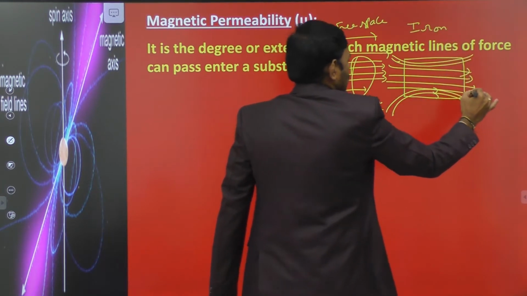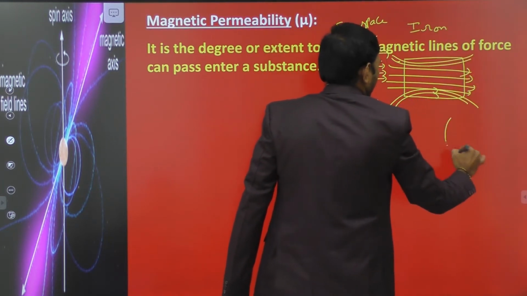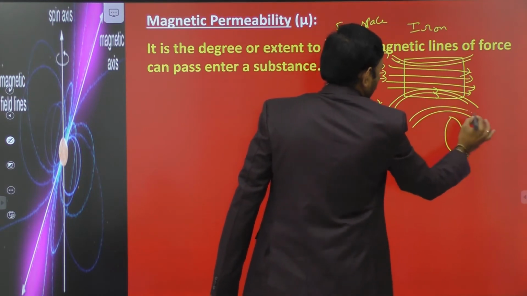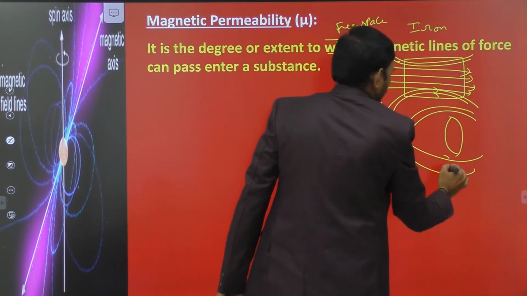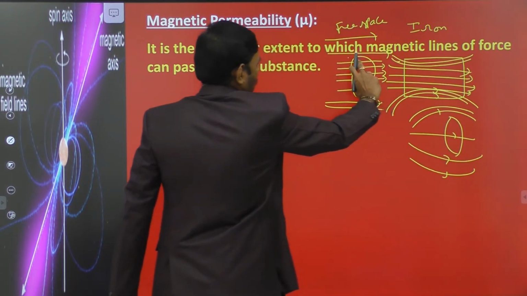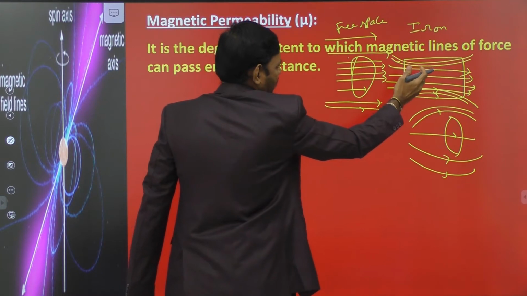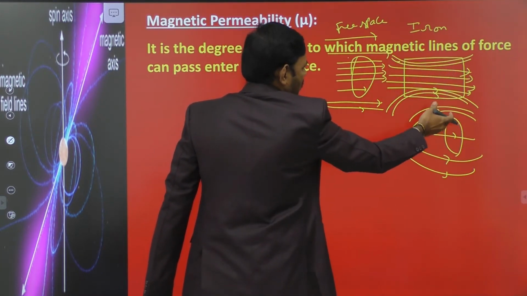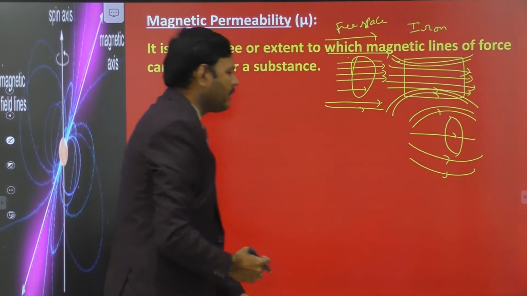If you put any other diamagnetic material, then some field lines may move outside. Very few lines may pass through it. So, the number of lines passing through: in the first case, some lines are there. In the second case, more lines pass through the medium. In the third case, very few lines pass through the medium.